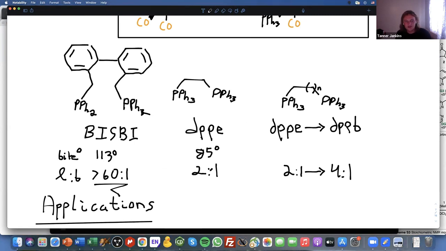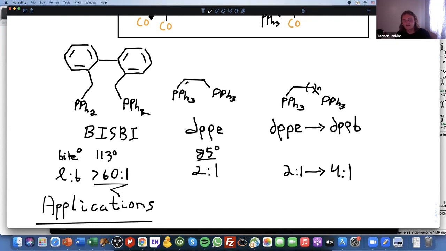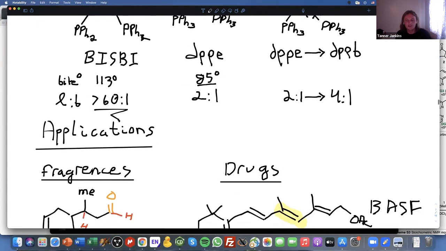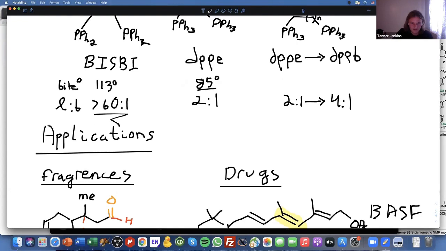And just to show you how this works, if you change this bisphosphine to something closer to 90 degrees, you get almost no selectivity, as you disfavor coordination in the equatorial plane. And you can extend this chelating phosphine out slightly, and you can slightly improve your selectivity. However, it's really these huge bite angle bisphosphines, such as Bisbi or Xantphos, that give this really good selectivity.